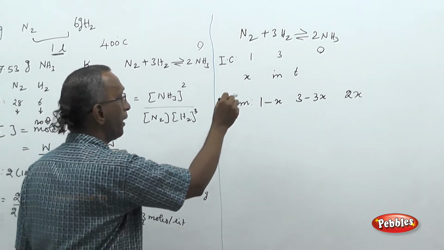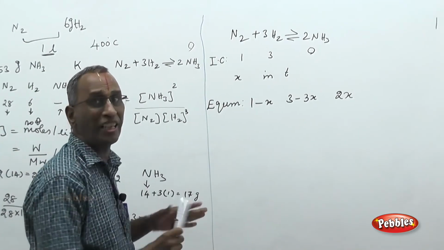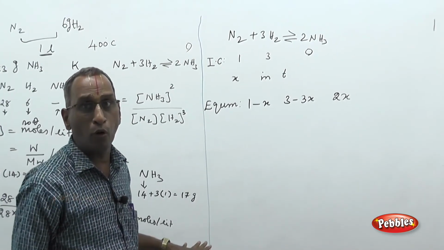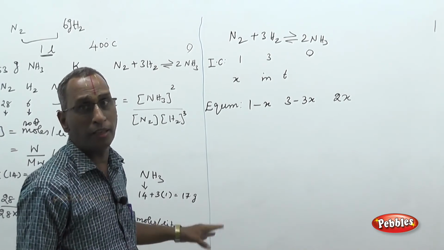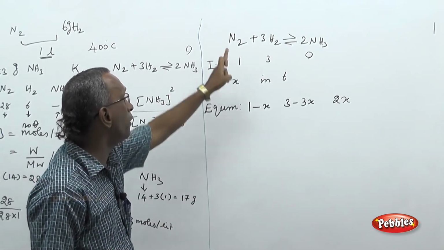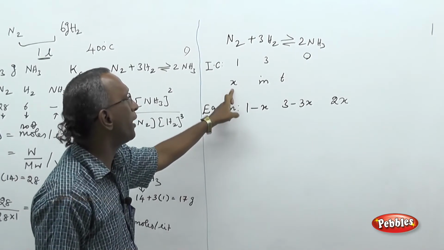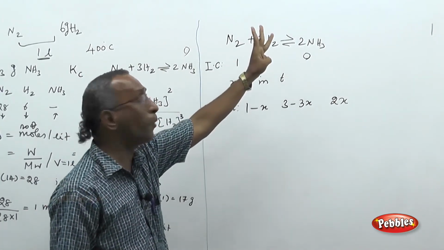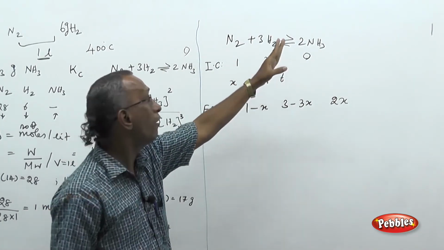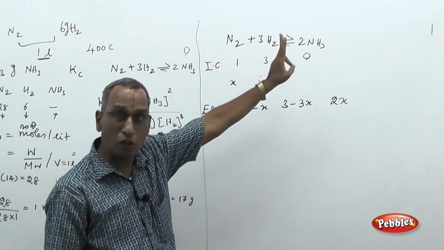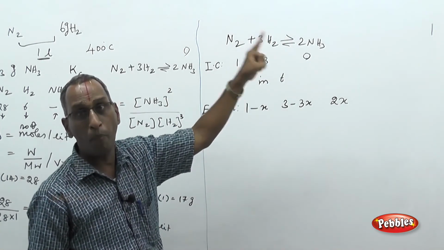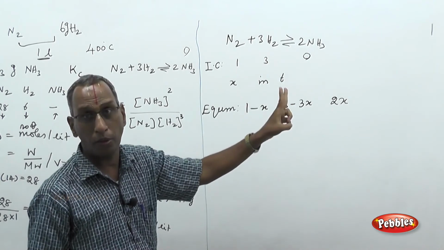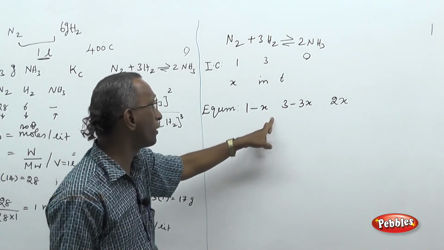So X is the amount reacted in time T in general. But for nitrogen, 1 part X is reacted. For hydrogen, 3 parts, 3X, is reacted. Ammonia is not reacted, ammonia is formed. Ammonia formed is 2X parts. So these are the concentrations.